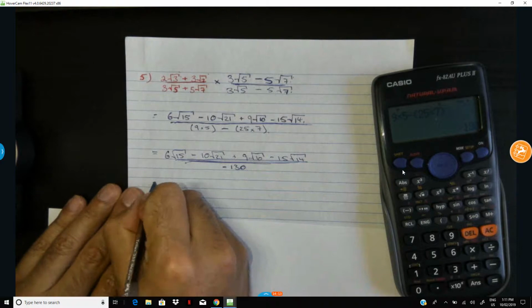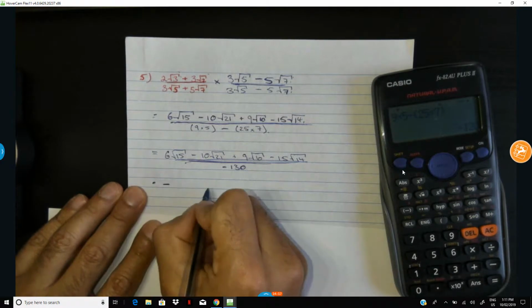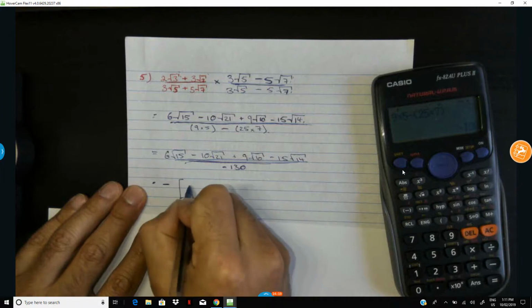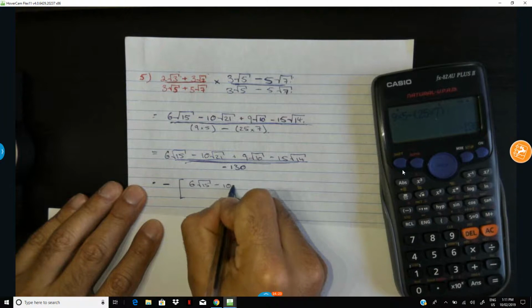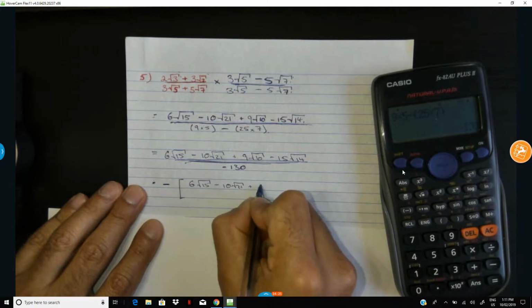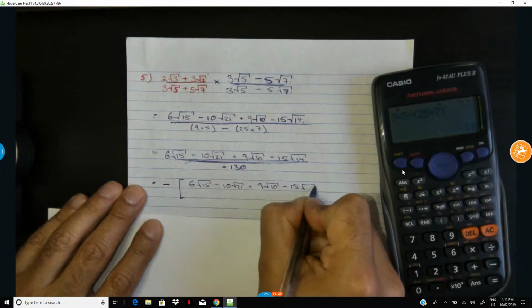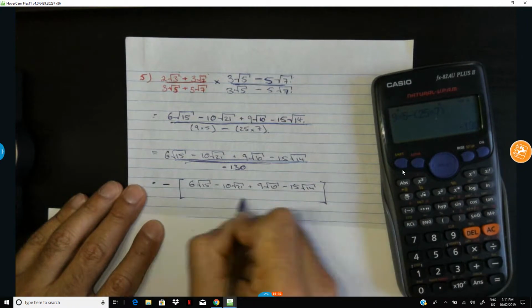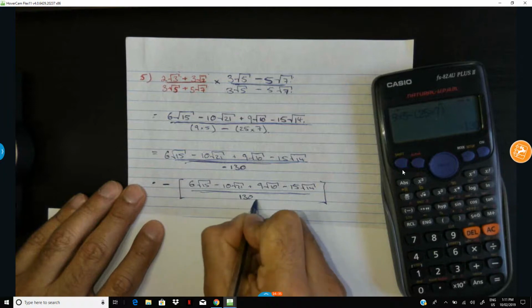So I can bring the negative sign to the front, and that's just going to be 6 square root 15 minus 10 square root 21 plus 9 square root 10 minus 15 square root 14, all over 130.